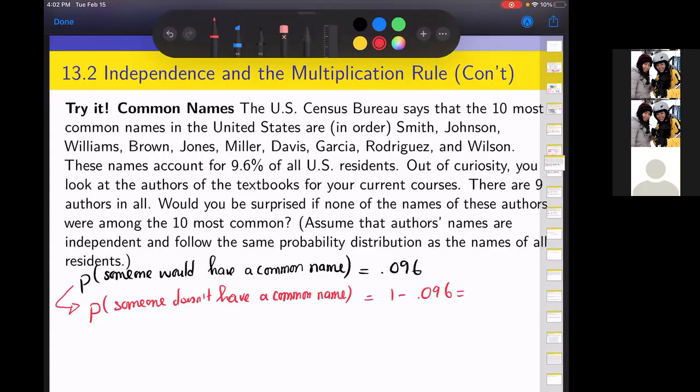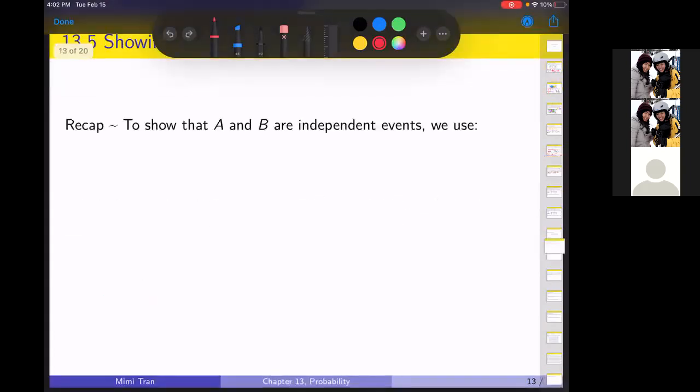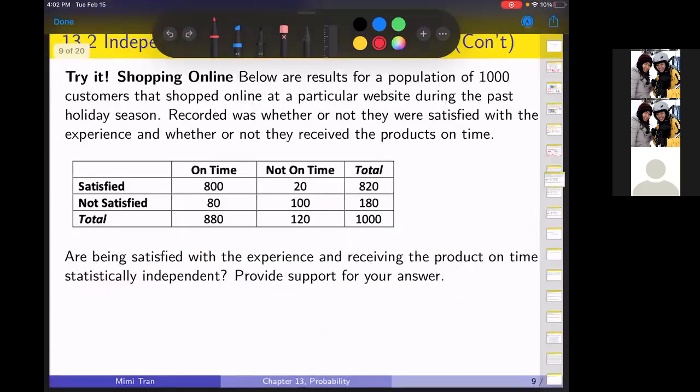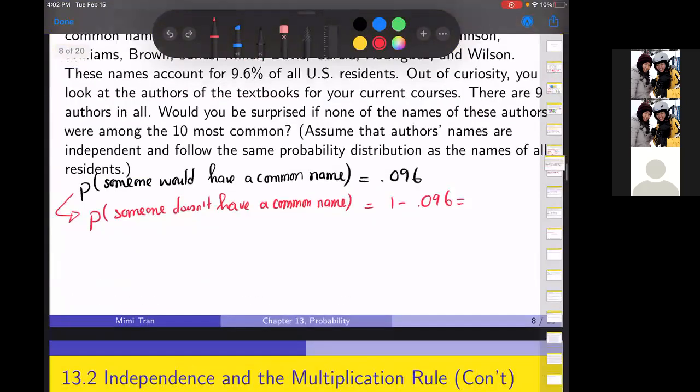Complementary rule. What is that? 0.904.